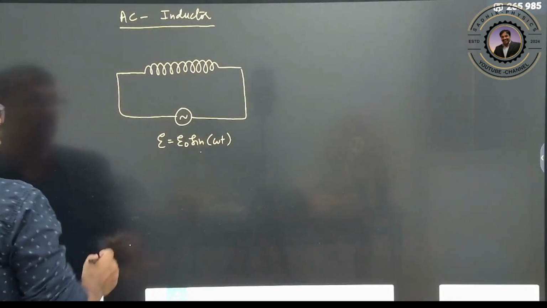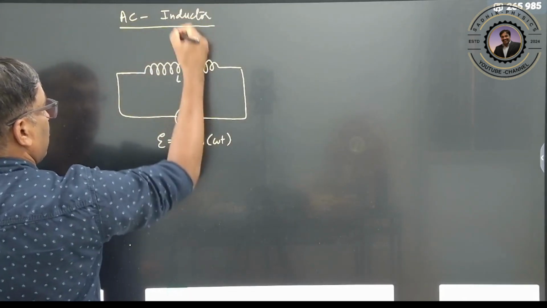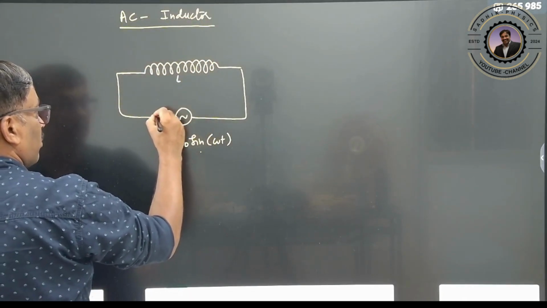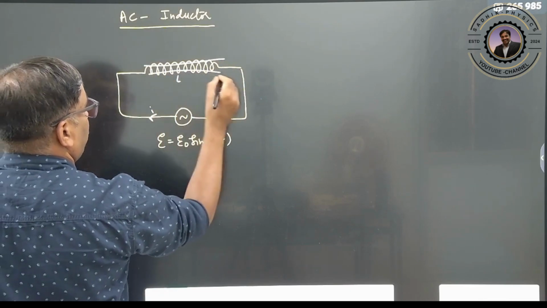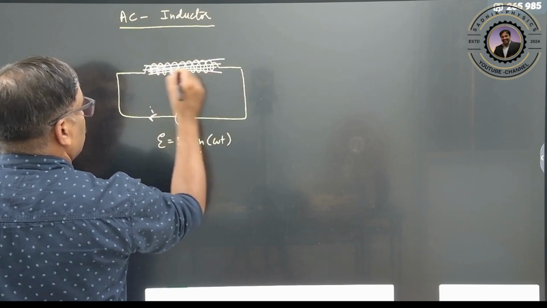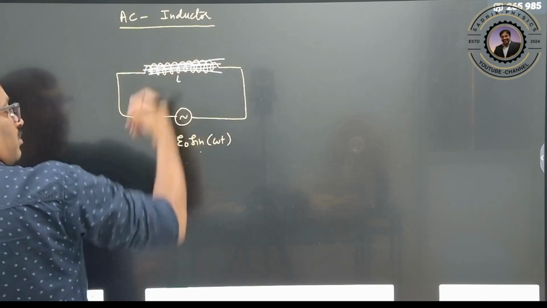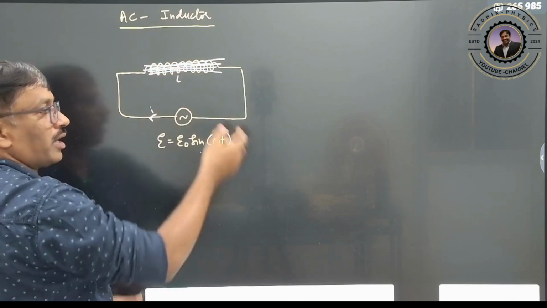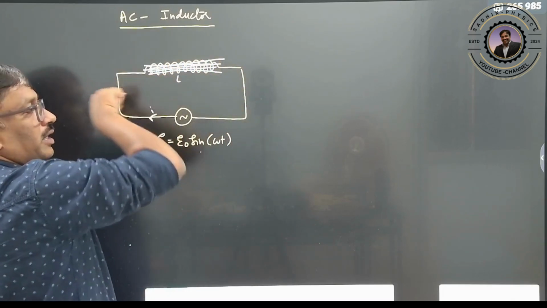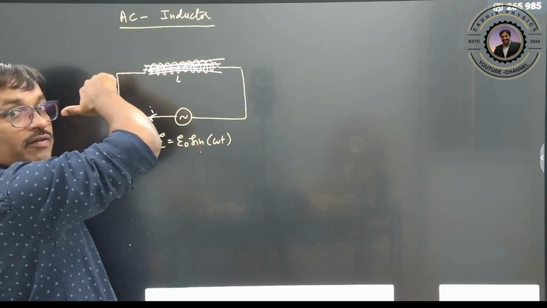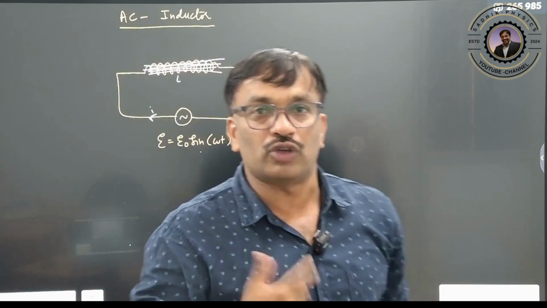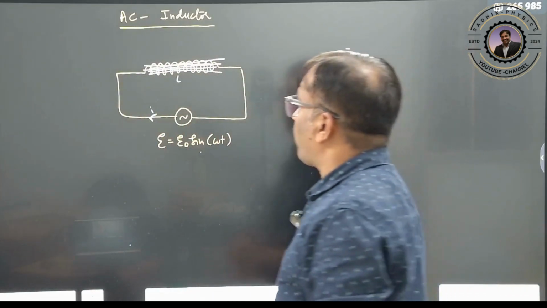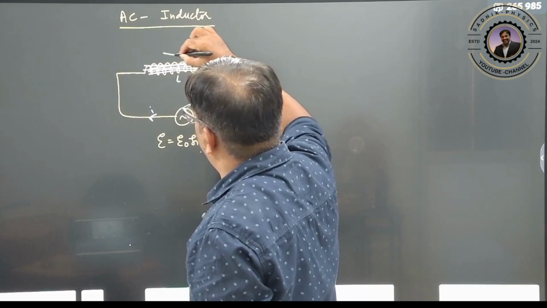Clear? This is an inductor, L. What will happen here? Current will flow, and due to this current a magnetic field will be generated. But with alternating current, the magnetic field increases in the positive cycle and decreases in the negative cycle. The flux is changing continuously, so due to this change in flux an opposing EMF, a back EMF, is generated.